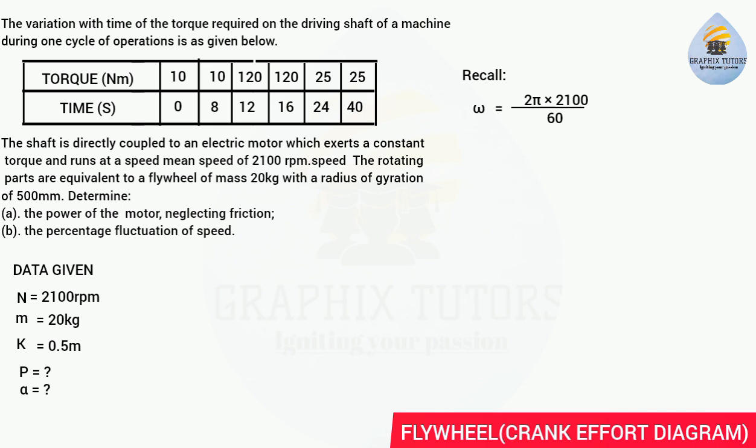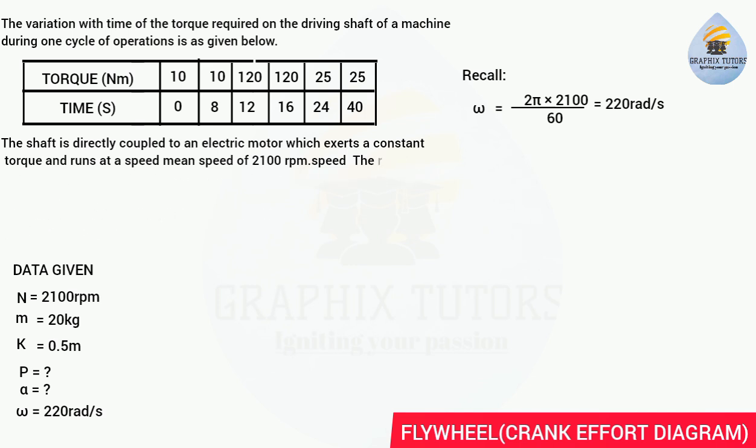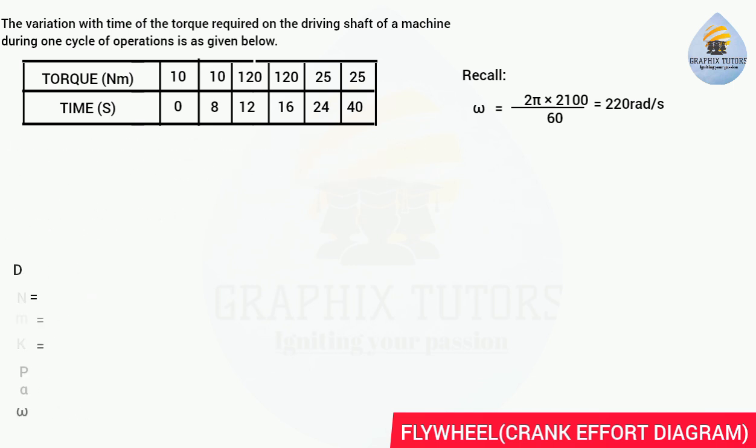And that is going to give us 220 rad per seconds. So that is the equivalent of our angular speed. Is that okay? So we proceed. Anytime we're talking about angular speed, we'll refer to our data here as 220 rad per seconds.